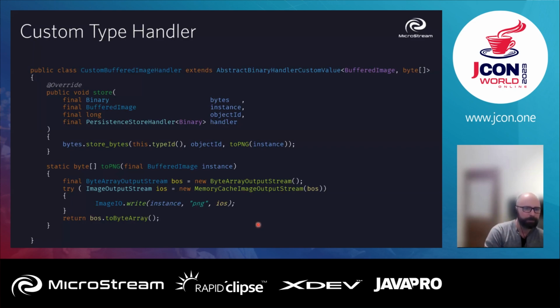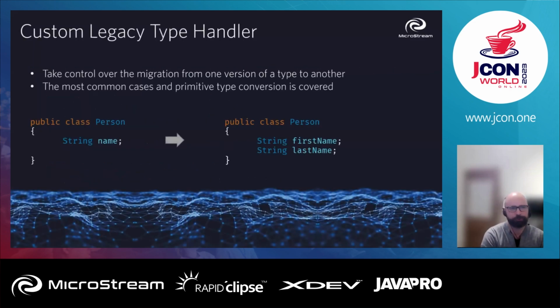All right, so these are the two methods for how to customize a type handler or write a custom type handler. And the next topic would be how to handle legacy type mapping. Just a short note: you can take control over the migration from one object to another.